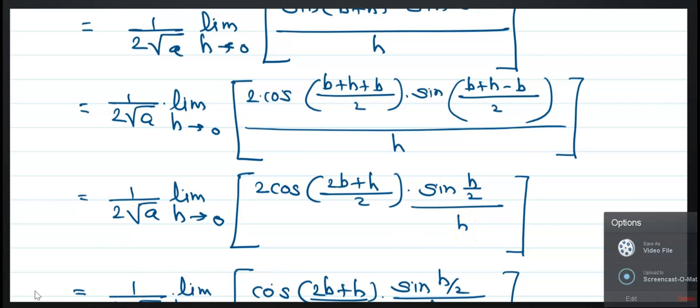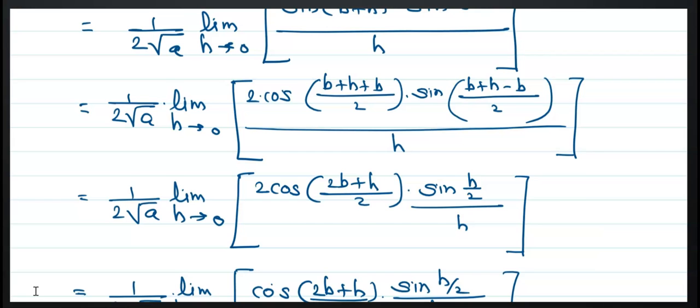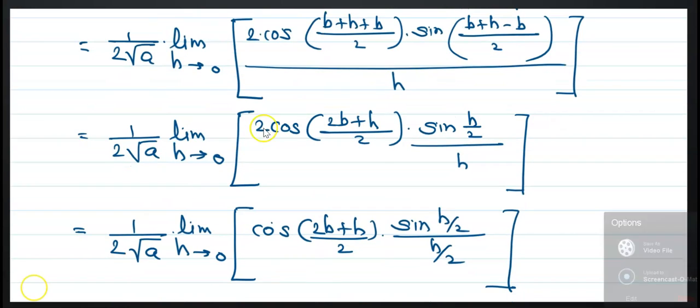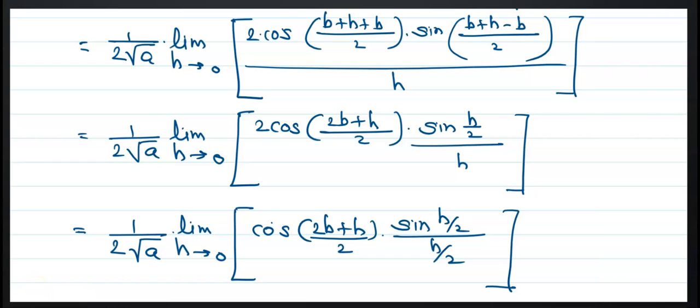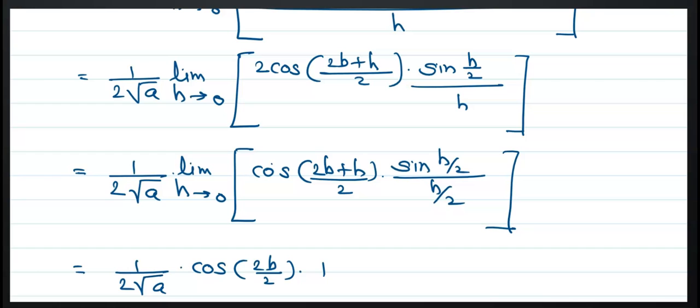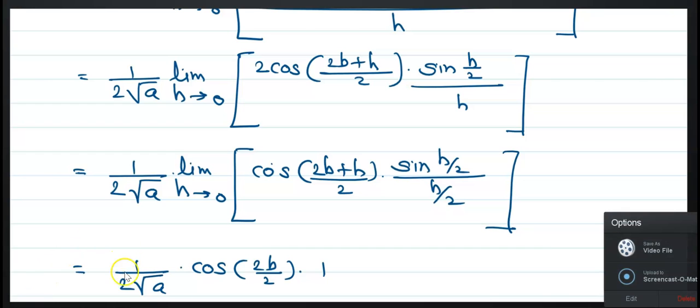Now next, here again, we have cos of (2b plus h) upon 2, and this 2 is adjusted here. That is sin of h upon 2 upon h upon 2. That is 1 upon 2 root a. If you take this limit as h tends to 0, then you will get cos of 2b upon 2, and the limit of sin of h upon 2 upon h upon 2 is 1.